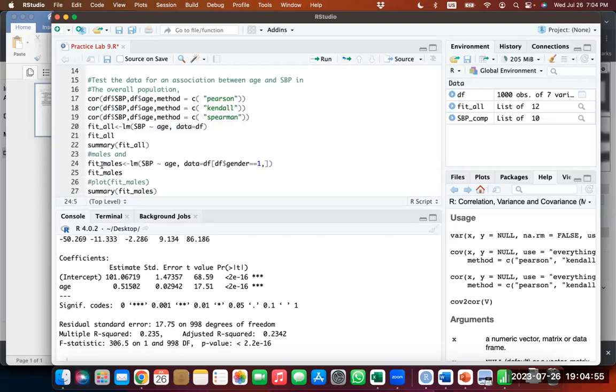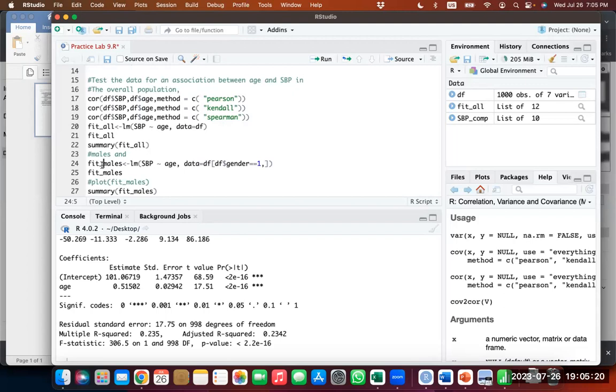So now we want to have only men. So males, where gender double equals 0, will give us this. Remember that when you want to subset your data frame, your df, you put df in brackets and place a comma.